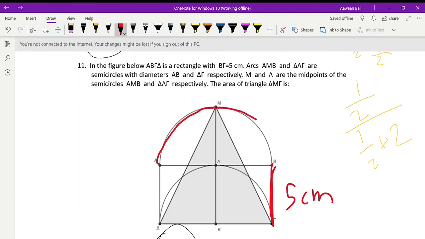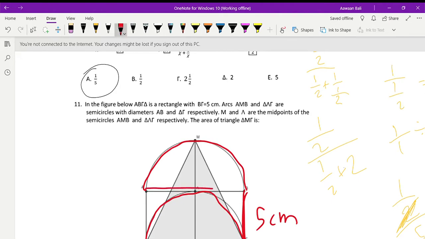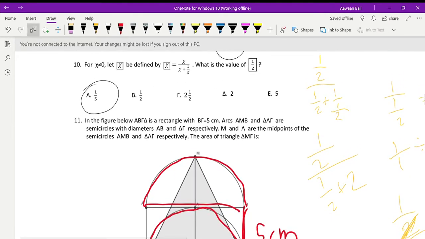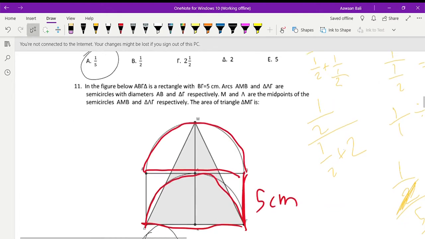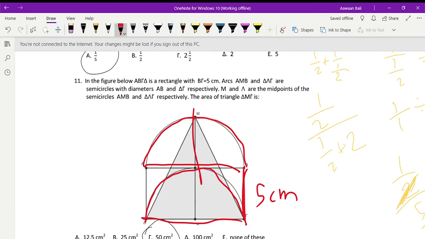These two arcs, it's saying that their diameter is this and this respectively. Get the idea. Now, M and L are the midpoints of the semicircles. So basically it's asking us to find the area of the triangle shaded there.